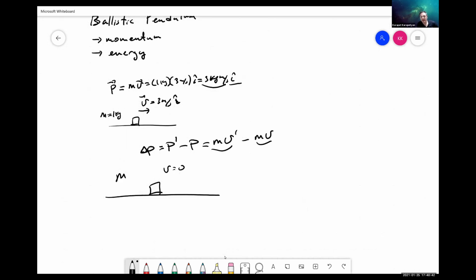If you have an object just sitting there, like a box, with initial momentum of 0 because it's not moving, then in order to change momentum, it could move in any direction, to the right, to the left, up or down, as long as it starts moving. Because if it starts moving, there is a velocity and there is momentum. So that means we have a P prime that is not 0.